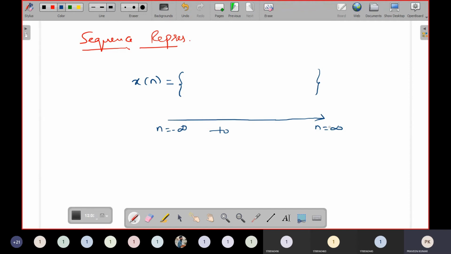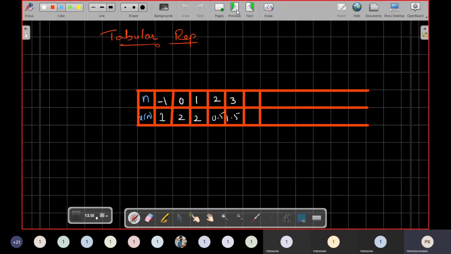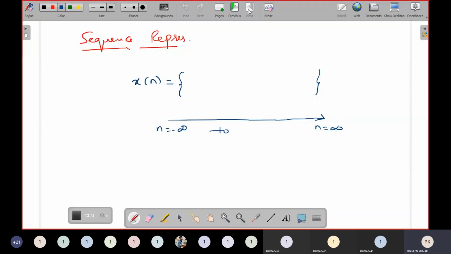So here at n is equal to -1, the amplitude is 1. So you're writing 1, comma 2, and amplitude at 1 is again 2. Next 0.5, comma 1.5.